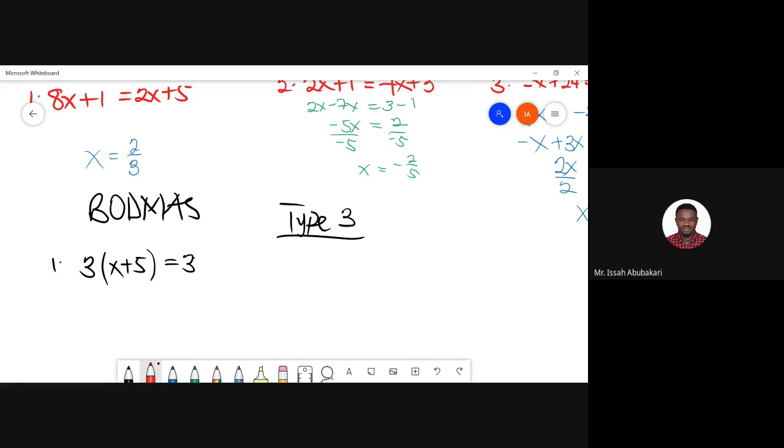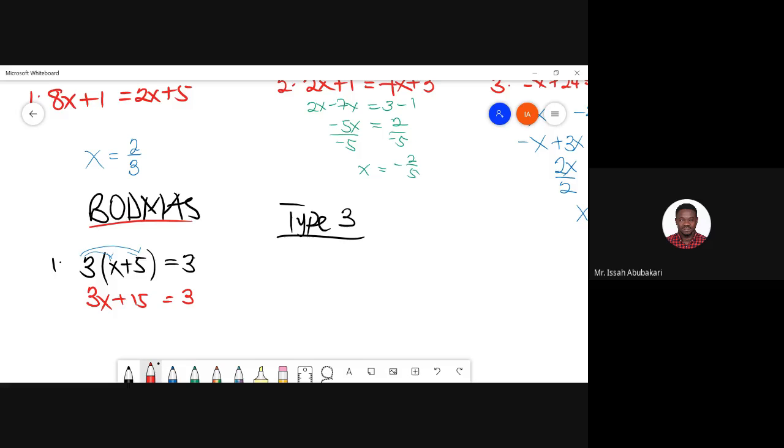If you have a question like this, the first thing we have to do is what? We refer to BODMAS. And BODMAS says we should take the bracket out. And how do we take the bracket out? We do what we call the distributive property. And we distribute 3 to the variables or the numbers in the brackets. So at the end, we are going to have 3x plus 15 is equal to what?